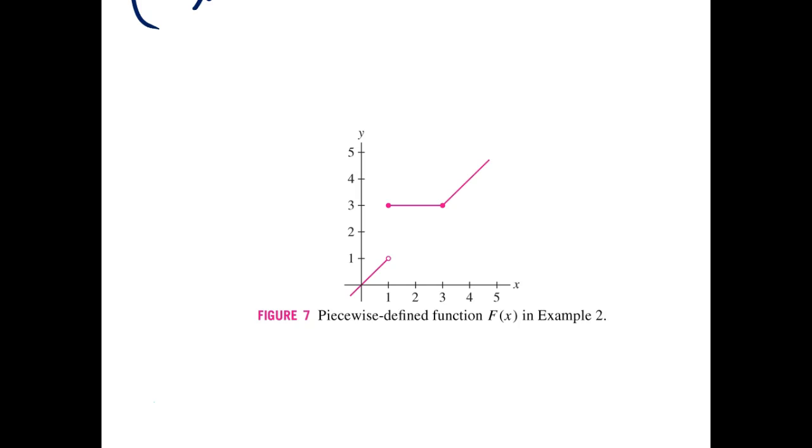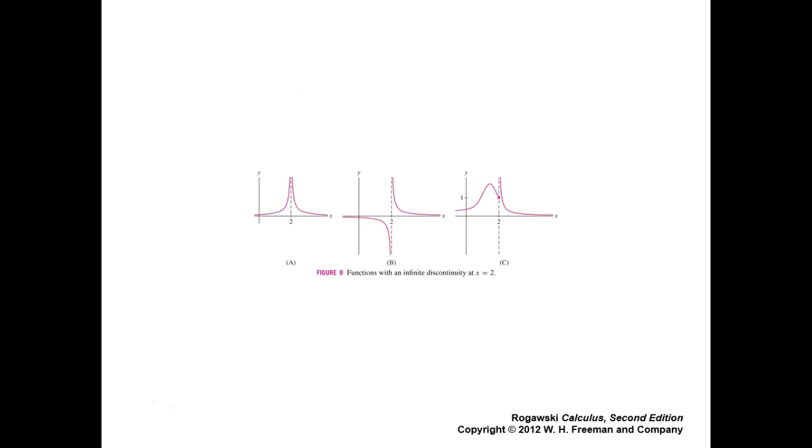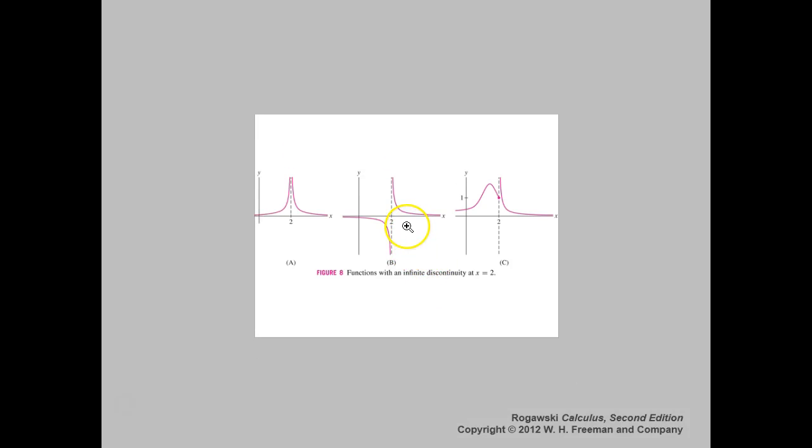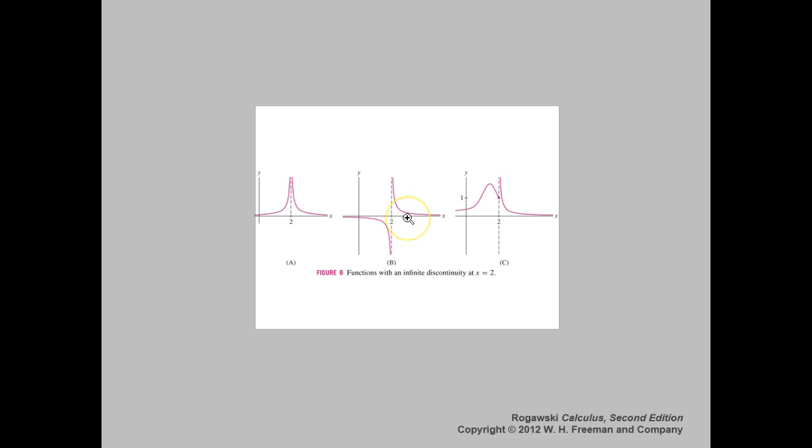Okay. So we have removable discontinuities. We have jump discontinuities. Here's a third kind of discontinuity. Okay? And this is called an infinite discontinuity. Let's see if I can get all three of these in one slide. Just barely.